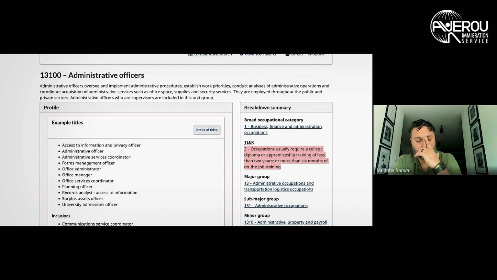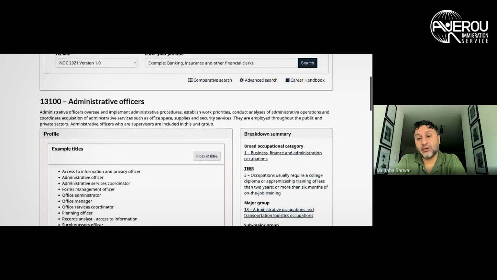As you know, in immigration, when you are trying to qualify for federal skilled worker or for the CEC, your work experience that you're claiming points for must be in a skilled position. And so the tier tells you whether or not your NOC code is skilled. If the second number is a 0, 1, 2, or 3, it means it's skilled.